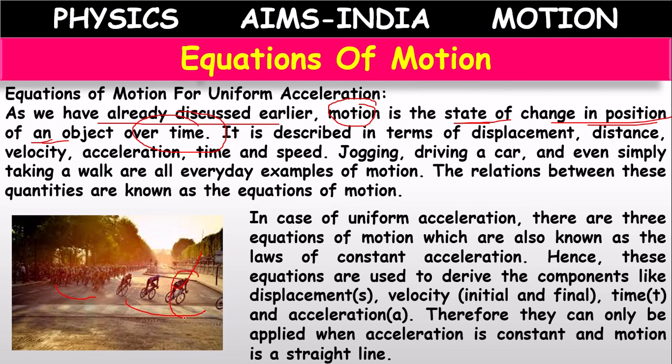We can tell that the cycle is in motion, and based on the motion of objects, earlier we were able to describe the terms like displacement, distance, velocity, acceleration, time, speed. We have already discussed in detail about all these terms, not only in this class, in your earlier class also, related to motion of an object.